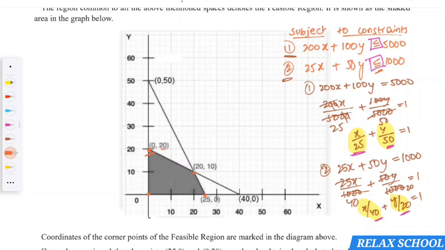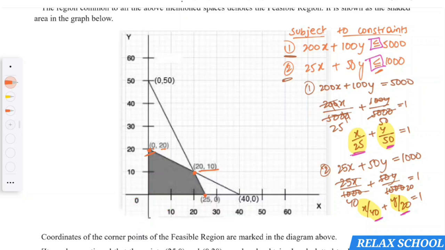So the coordinate is 0, 20. In here it would be 25, 0. And this point it would be 20, 10. 20 on the x-axis, 10 on the y-axis. The other coordinate would be 0, 0. But we don't usually need this solution because, if you observe, the question was to maximize. If you are not producing any cakes at all, it would not make sense for us.